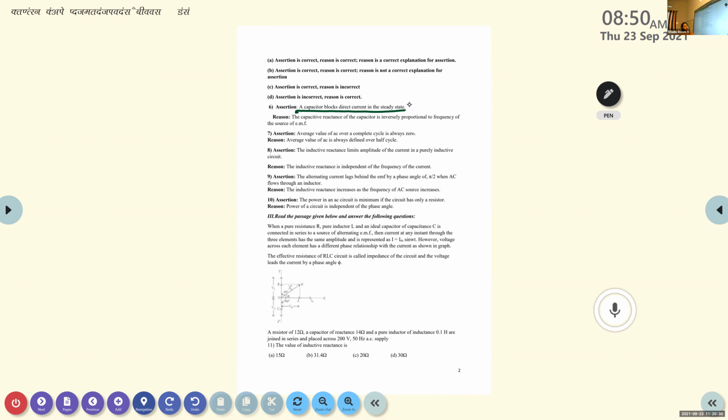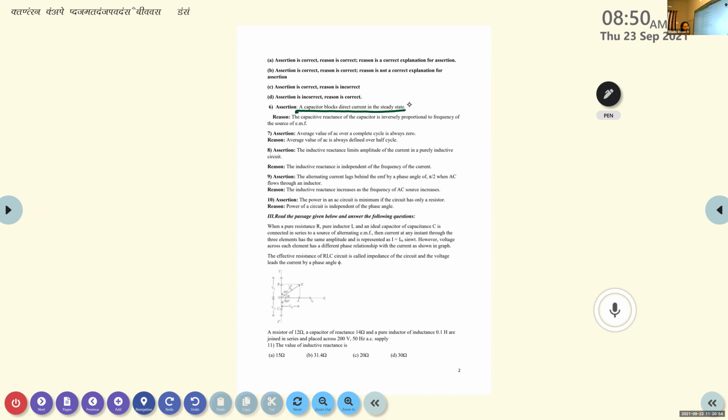The reason given is that the capacitive reactance of a capacitor is inversely proportional to frequency. That is, as frequency increases, capacitive reactance decreases. And here we know that capacitive reactance is the barrier for the flow of current in the DC circuit. So we can say the reason is the correct explanation for the assertion.